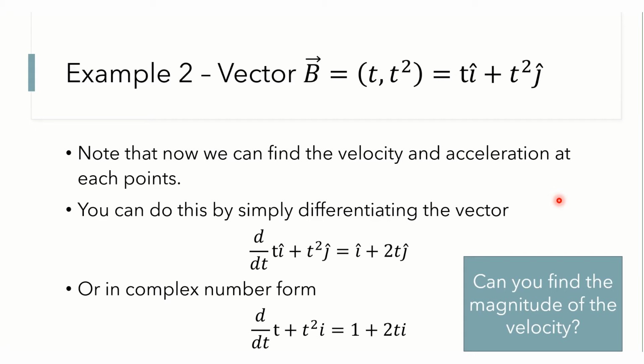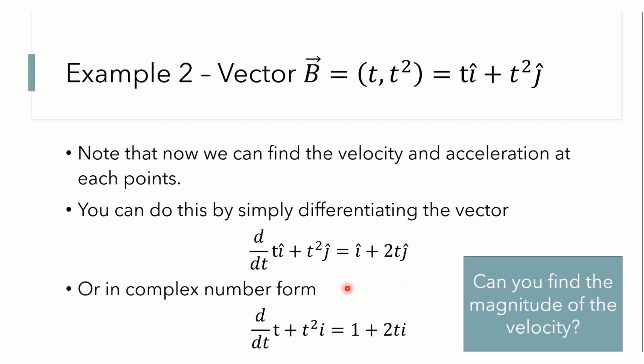And again, there are two ways to do it as we have done previously. For the plots, you can do it in terms of the vectors. Here you have t i plus t squared j. So you just have to take the derivative with respect to time, and you have here 1 i plus 2t j.